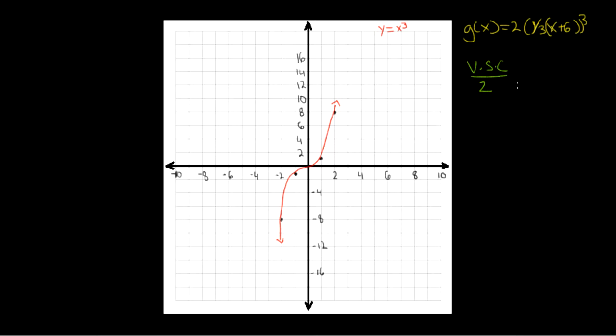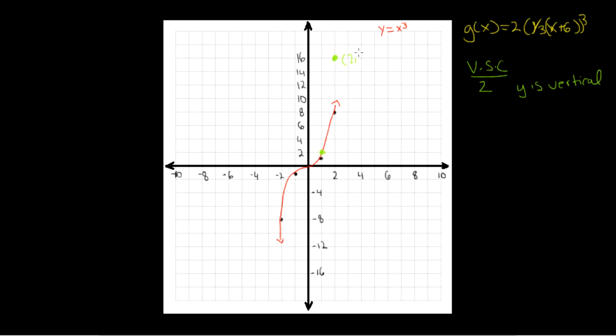Now y is the vertical. So we just multiply all the y coordinates by 2. So this point (2, 8): the y coordinate is 8, so we multiply that by 2 and keep the x coordinate the same, which will be (2, 16). This one is (1, 1), the y coordinate is 1, multiplied by 2, (1, 2).